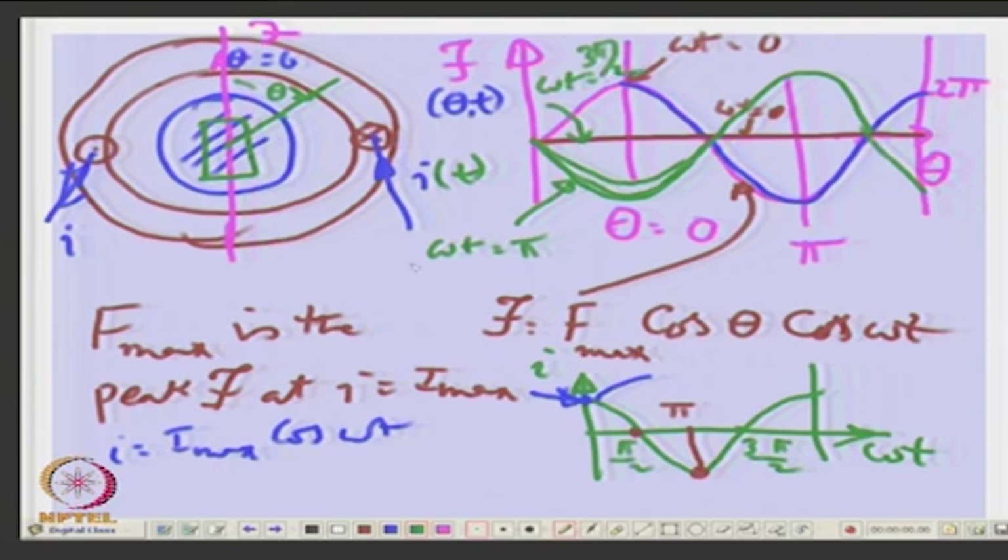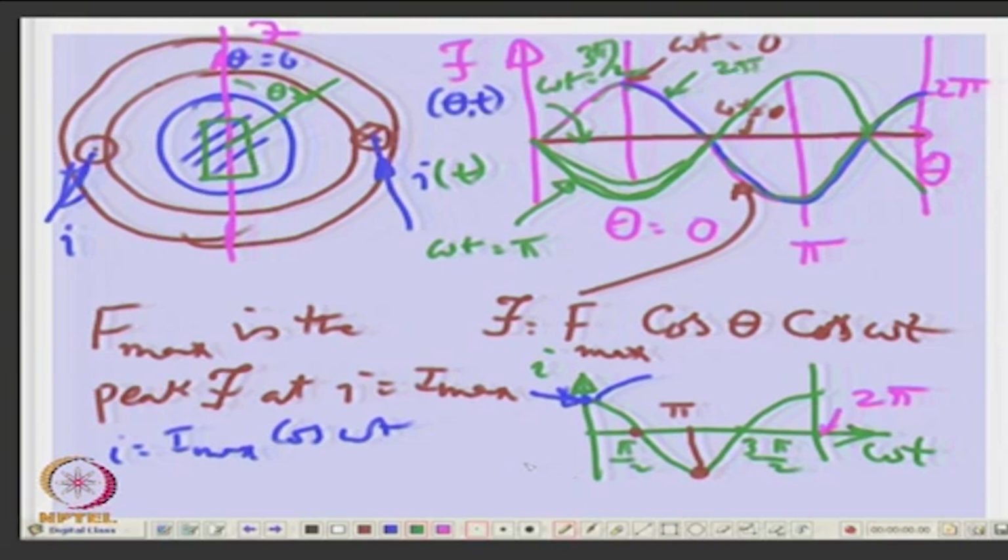So, it will follow the same. Then at 2 pi it will go back to the same point. Okay.